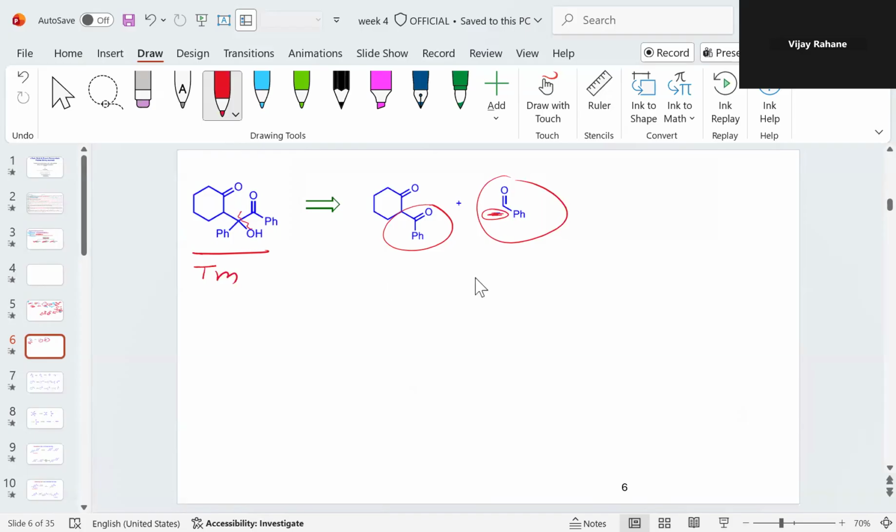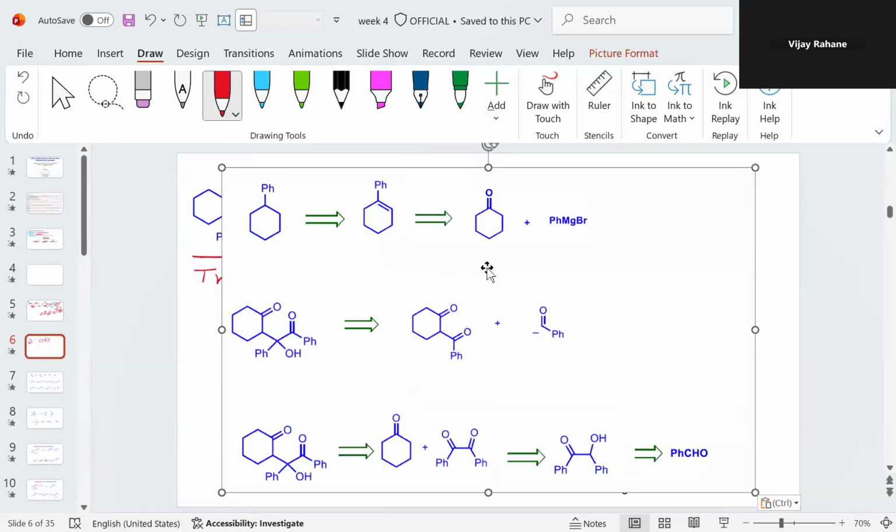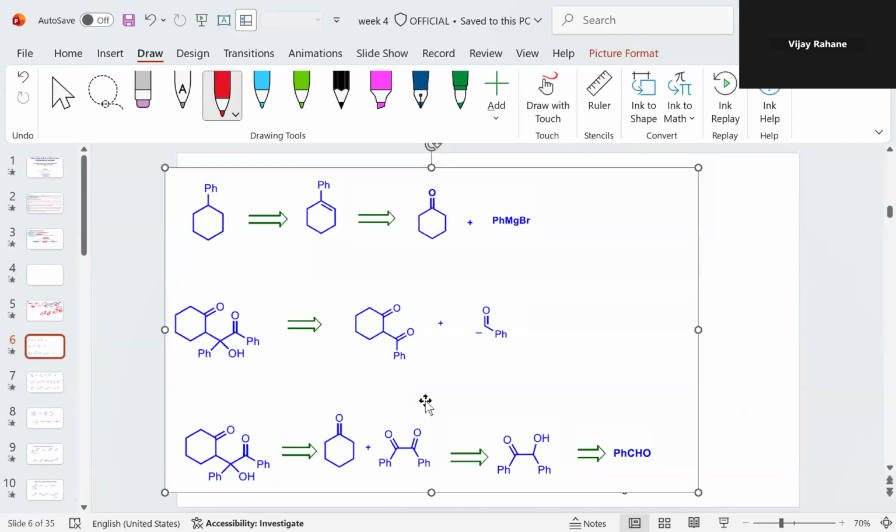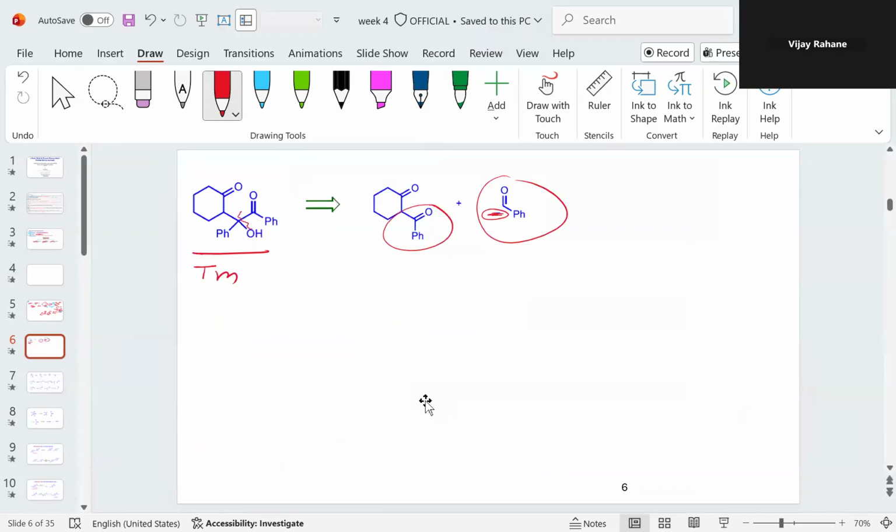Is it possible to get a negative charge on that carbon atom, which is a carbonyl carbon? Yes, it is possible. How is it possible? By doing the umpolung.